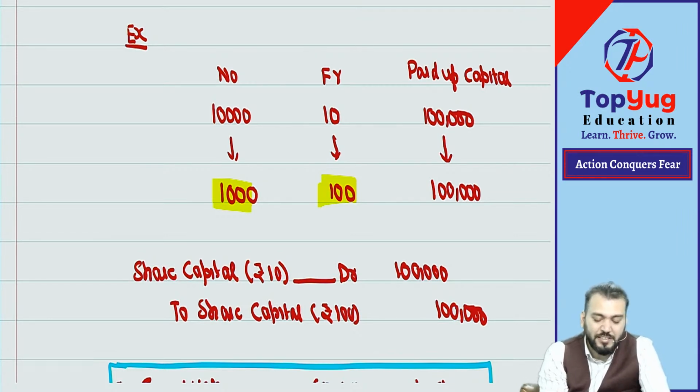If you take this example of consolidation, 10,000 shares of rupees 10 each have been converted into 1,000 shares of rupees 100 each. Can I say 10 shares of rupees 10 each have been converted into one equity share of rupees 100 each, but the paid up capital remains the same.